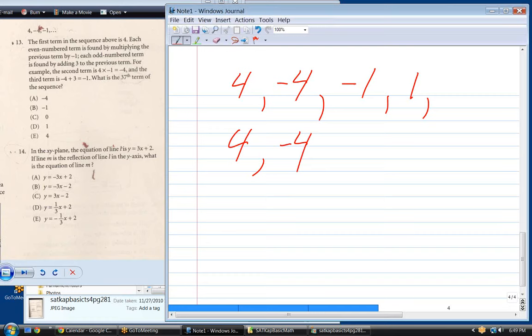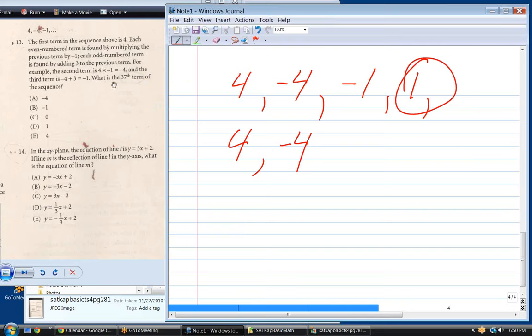Yeah. So what is the 37th term? Wait, so 6. Would it be 4? Yeah, because the 36th term is always going to be this one right there, right?